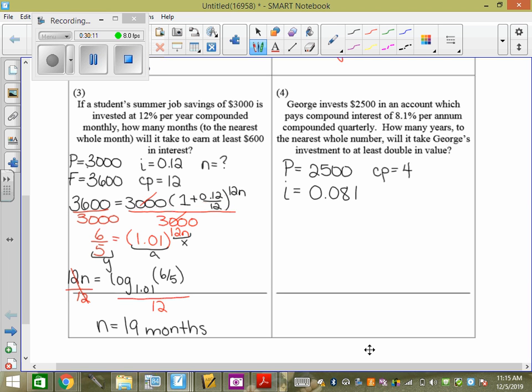It has to at least double. So no matter what answer you get, you're going to have to round up. So it was 2,500. So my accumulated amount is going to be double that. So 5,000. And I want N. Try it out.